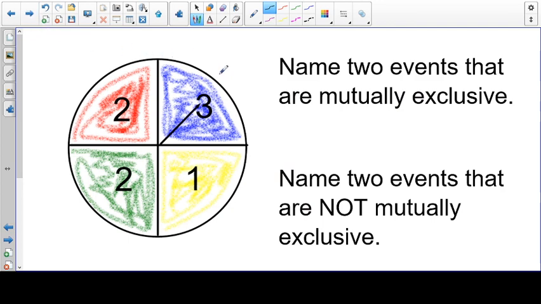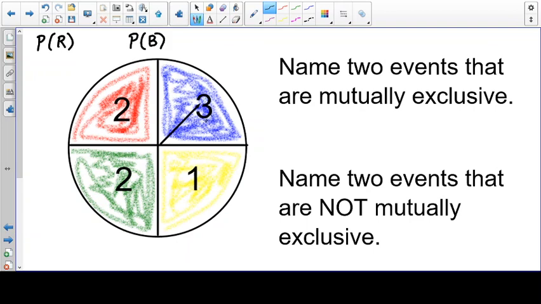Here are some examples. We've got a spinner, which is supposed to be a spinner with 4 different colours and numbers on. An example of two events that are mutually exclusive: the probability of a red and the probability of a blue.